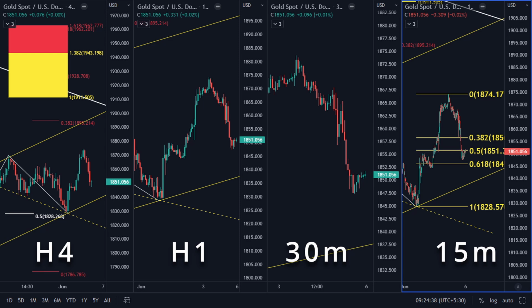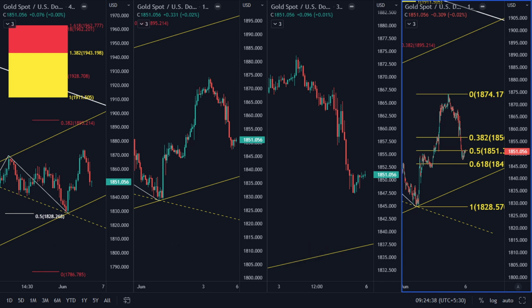So on 4 hour you have the 1828 support area and a flat correction chart pattern, and on the 15-minute time frame you have already a 50% retracement. If price makes a new high, then the first minimum target will be the 100% projection at 1911, this yellow area. The real target is 1950, but the minimum target is 1911.